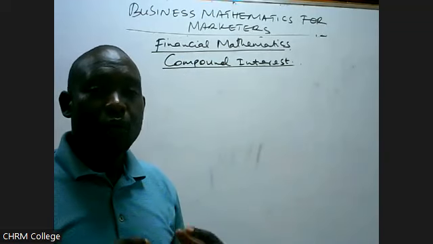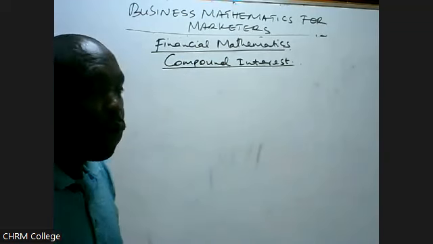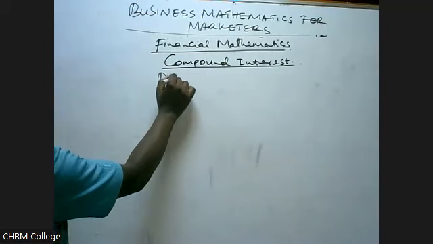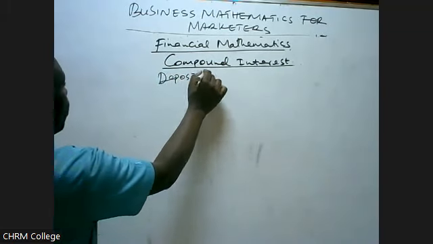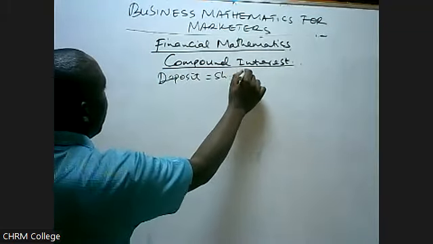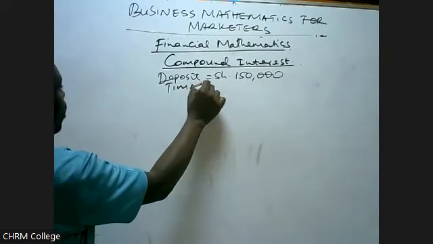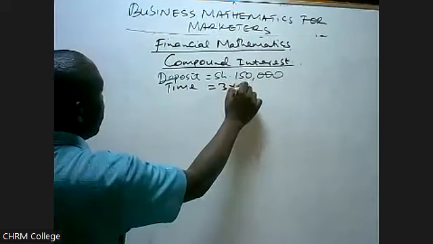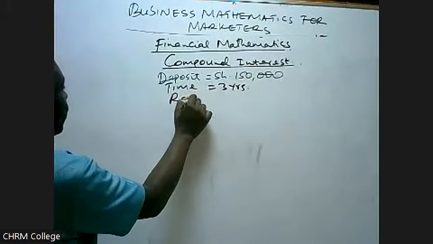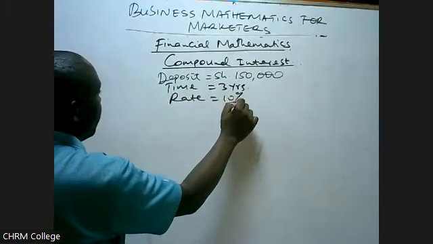Let us go back to our initial example, whereby we deposit shillings 150,000. The time, 3 years. The rate is 10%.